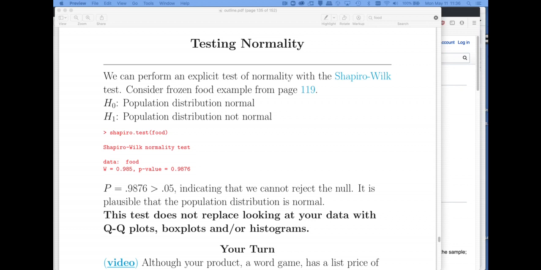So what I told you to do earlier was to look at a quantile plot, a normal probability plot, to evaluate that normality. And you probably also want to look at a histogram to judge this. But we know that normal probability plots are sometimes hard to interpret.